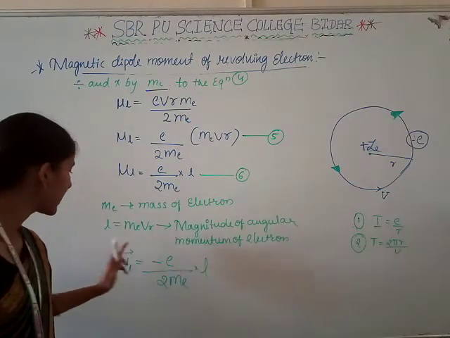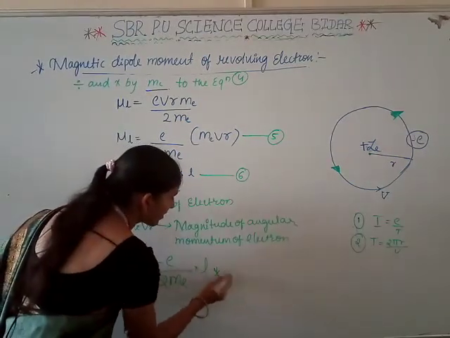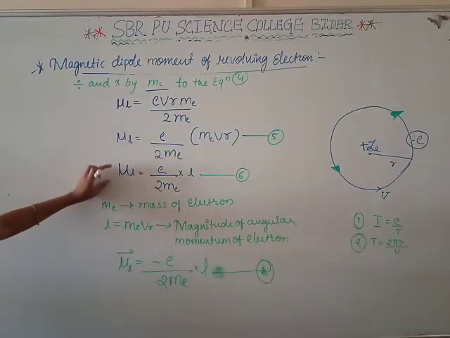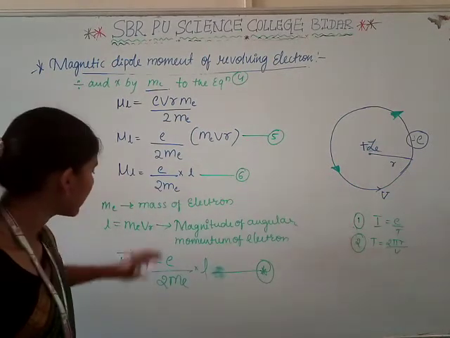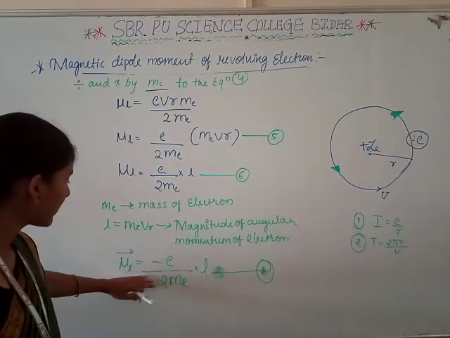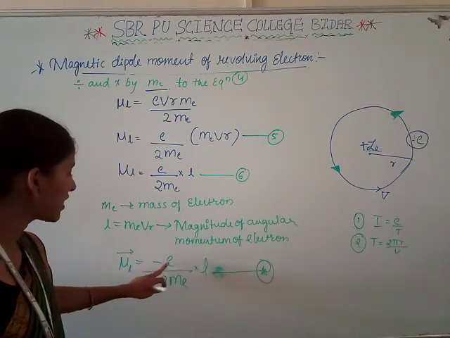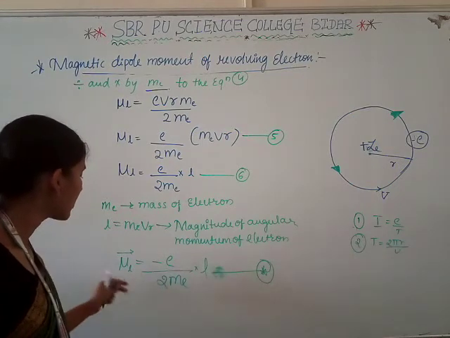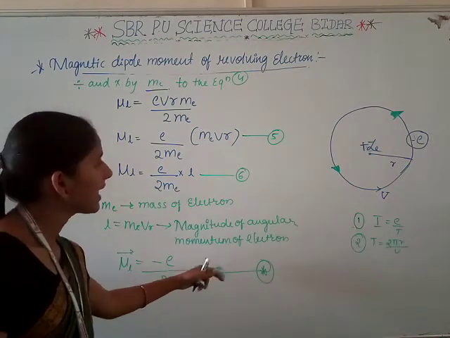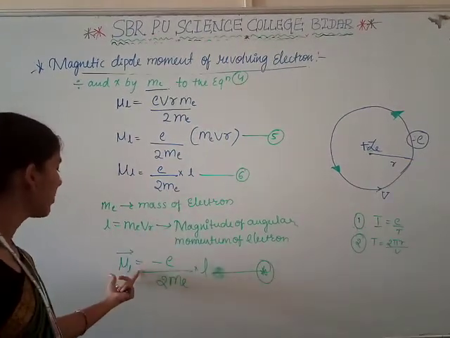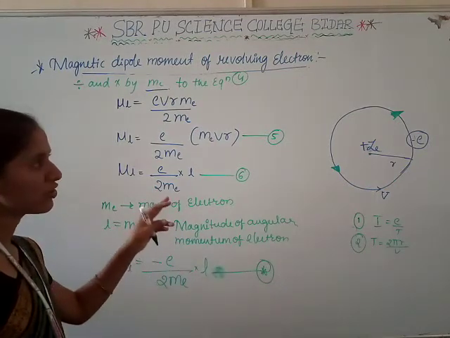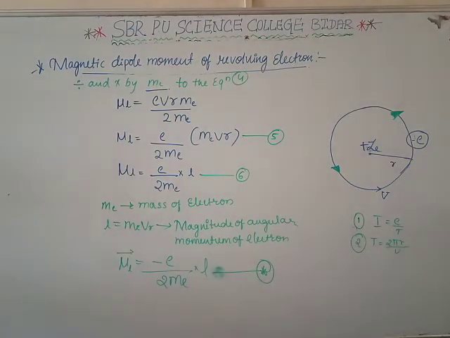When we write equation 6 in vector form, vector μL is equal to e divided by 2me into L, and the expression shows that μL and L have opposite directions.